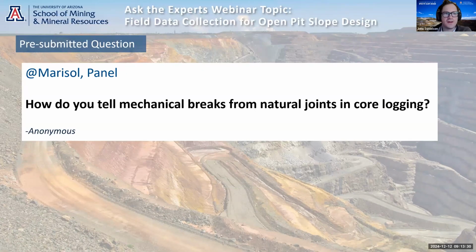And maybe one more nuance. I also agree with everything Marisol and James brought up. But mechanical breaks can occur at any angle, and natural discons can also form at 90 degrees to the core axis.